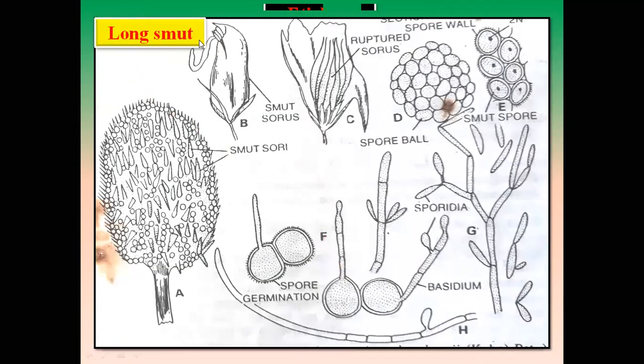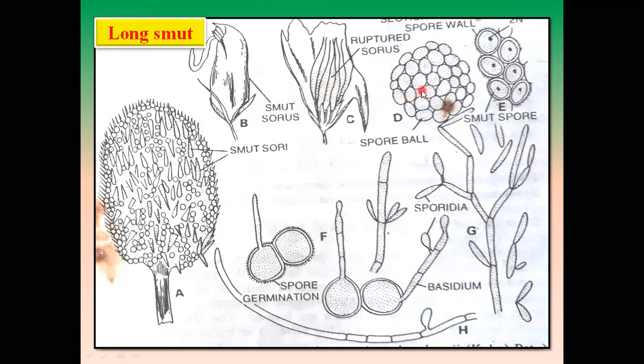Then long smut. This is the infected airhead in which some grains are infected. This is the smut sorus. This smut sorus ruptures and releases the black powdery mass.